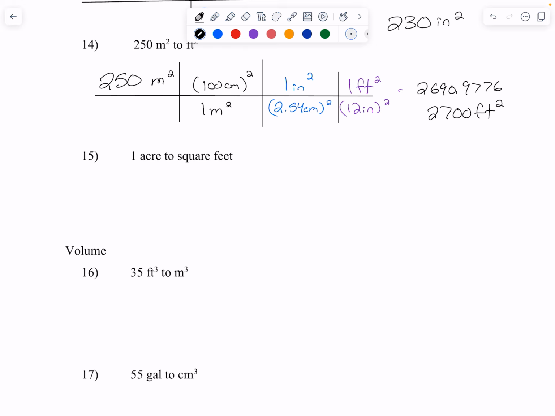So 1 acre happens to be 43,560 square feet. All right, and so that gives us 43,560 feet squared.